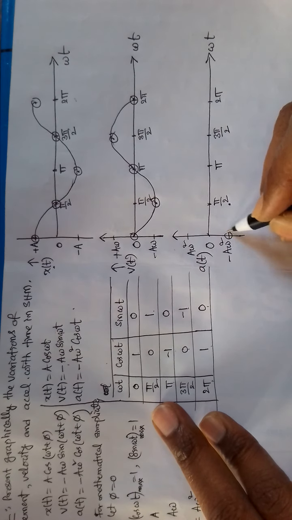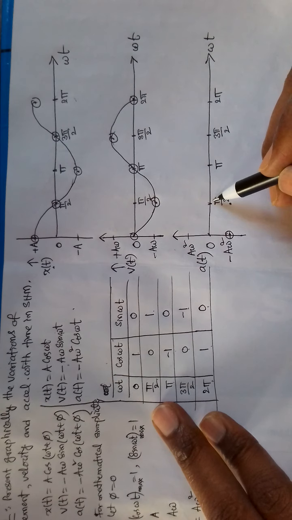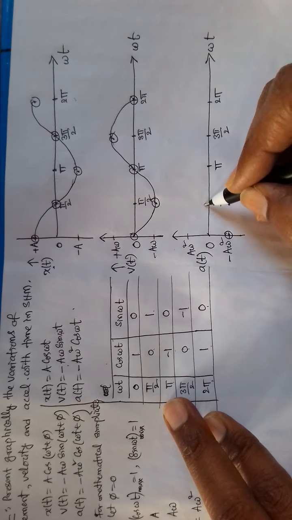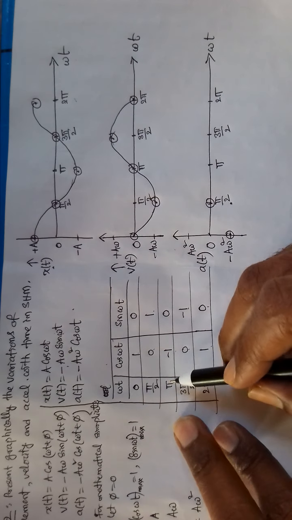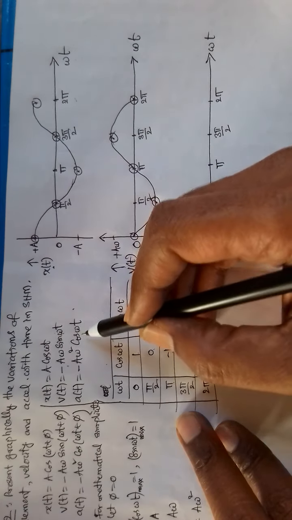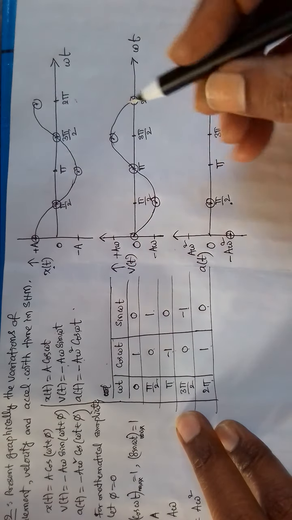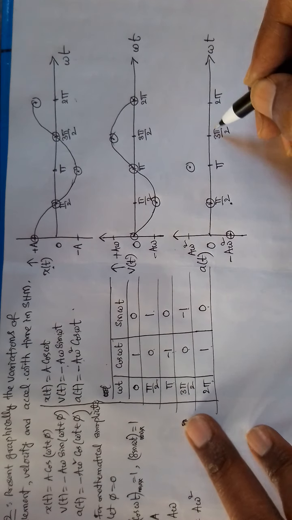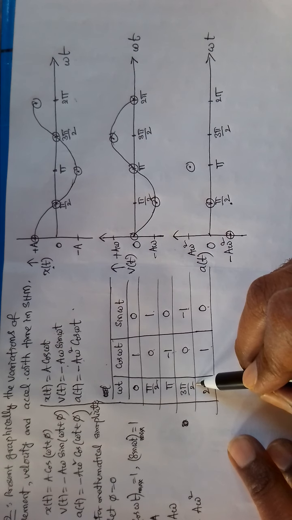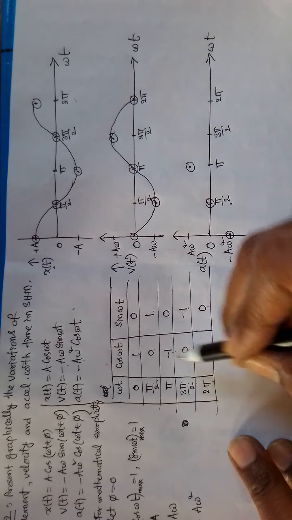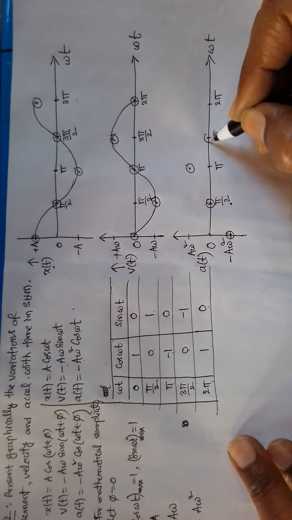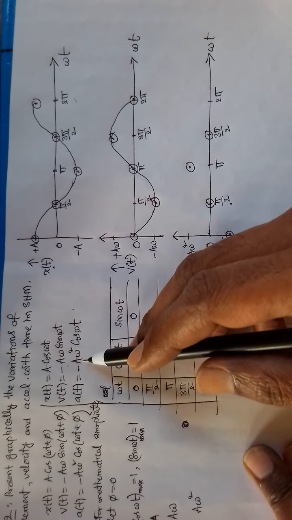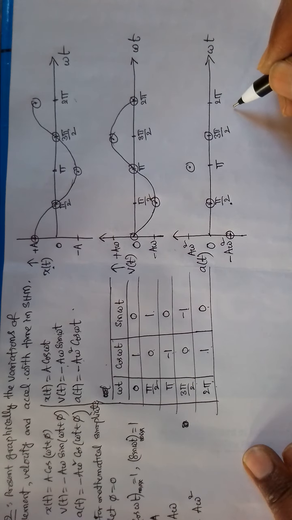For pi by 2 it is 0, so 0. For pi, cos gives minus 1, minus 1 into minus a omega square is plus a omega square. For 3 pi by 2, cos gives 0, so 0. For 2 pi, cos gives 1, so minus a omega square.